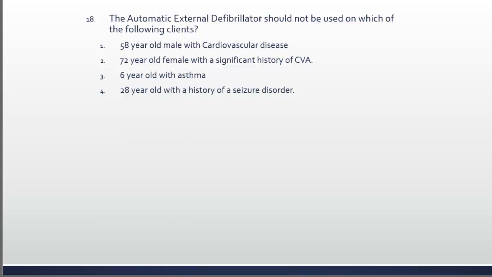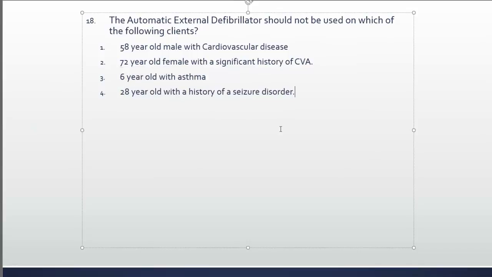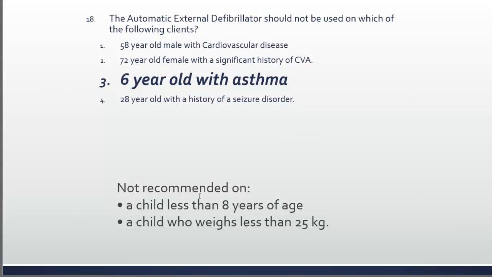The AED, or the automatic defibrillator, shouldn't be used on which patient? Okay, if you said this one, then you would be correct. It's not recommended on a child less than 8 or who weighs less than 25 kilograms.